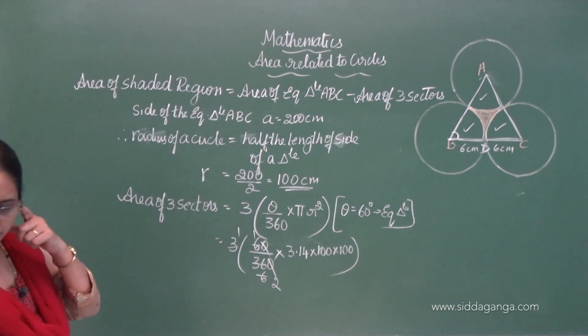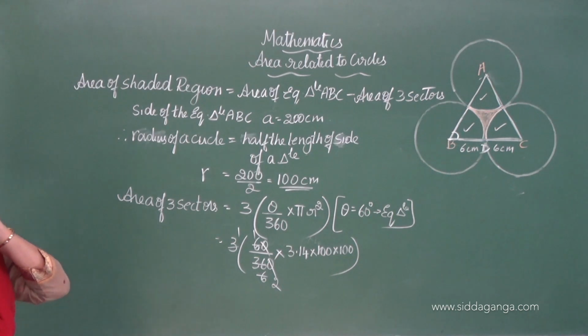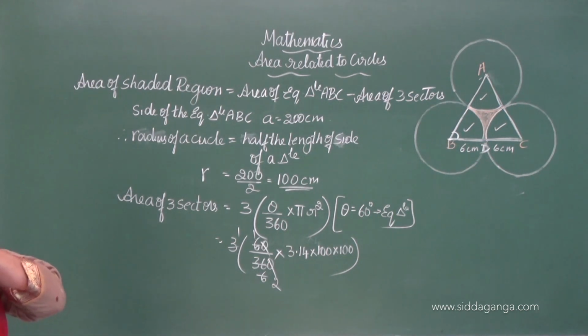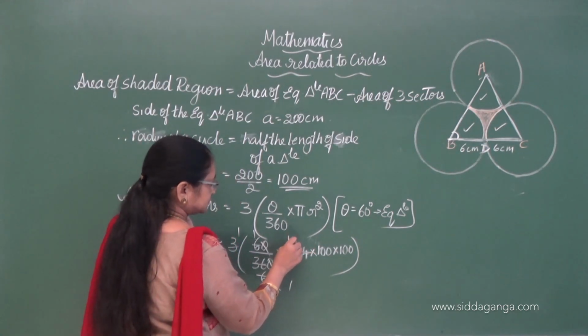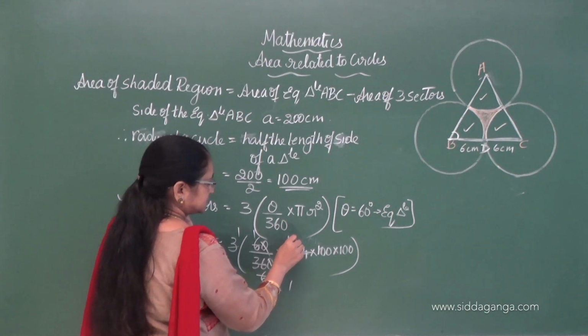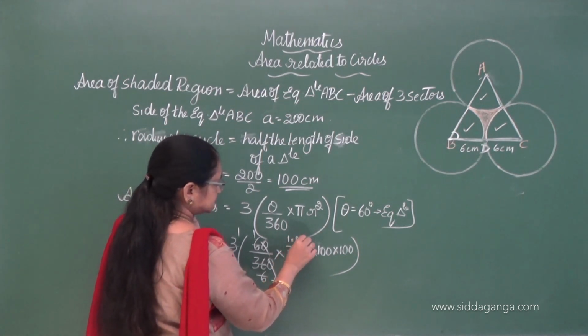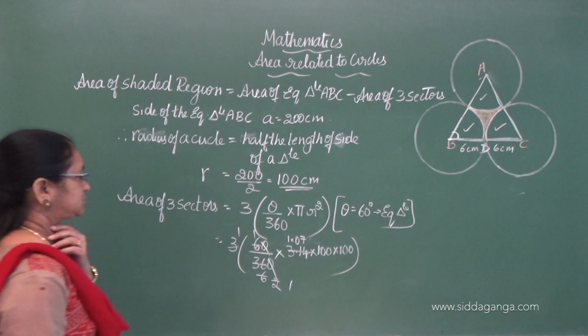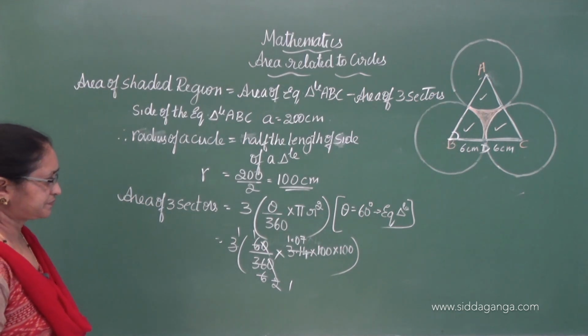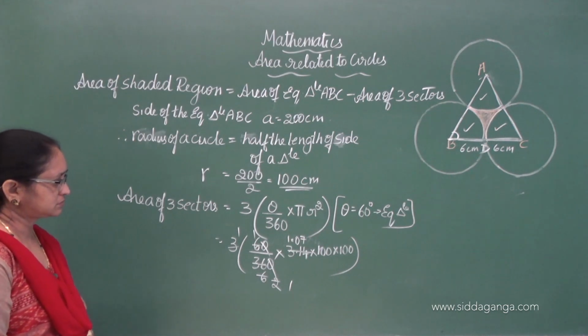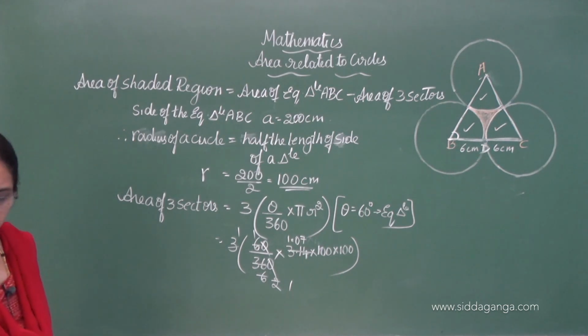You will get the area of the 3 sectors. 2 ones are 2, then 2 zeros are 7. Correct. Now multiply, you will get the answer.